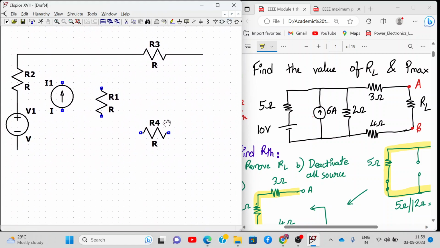If I want to move a resistor, I can move it like this, down. Now connect the circuit back with wires. I have to move a little down.